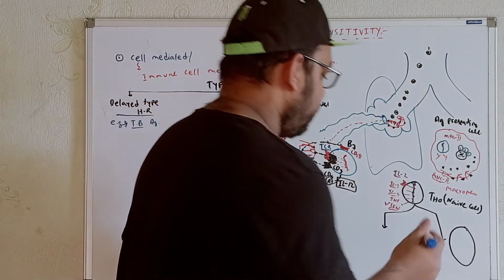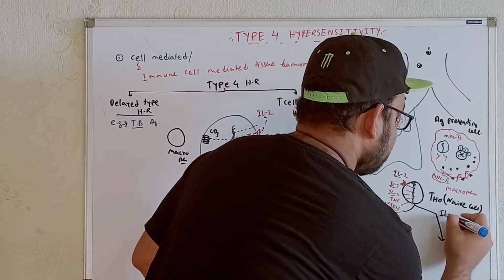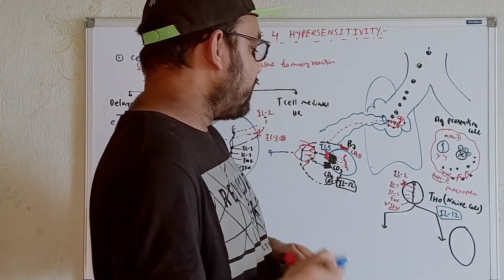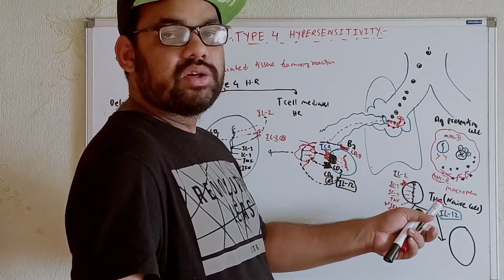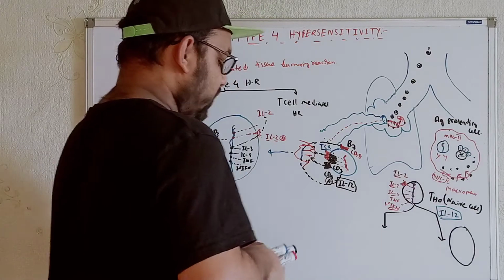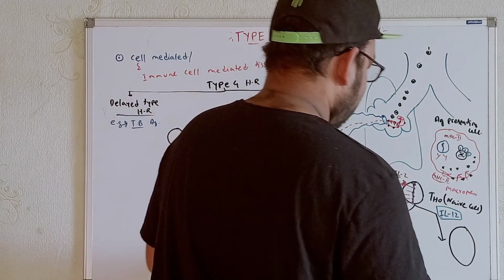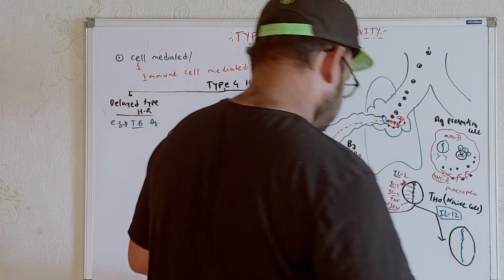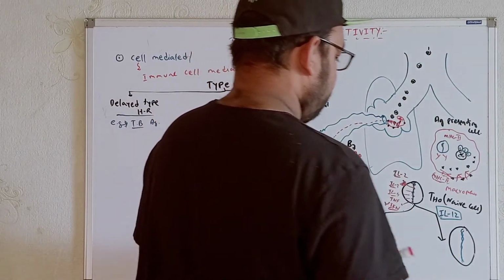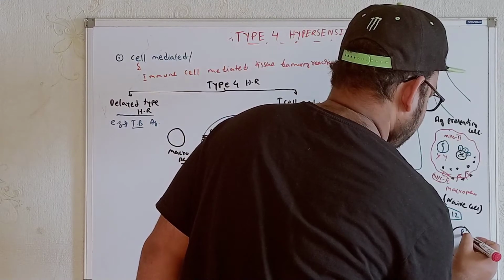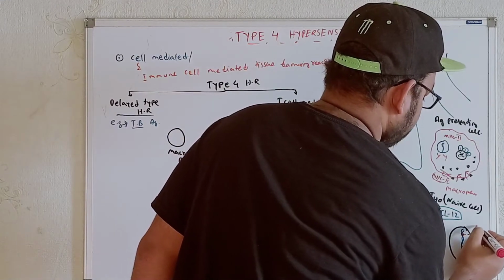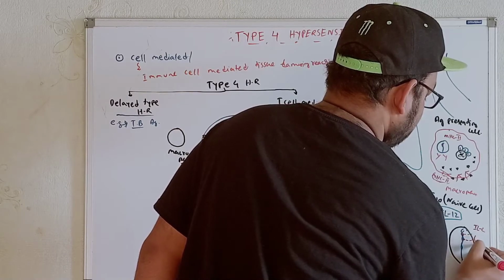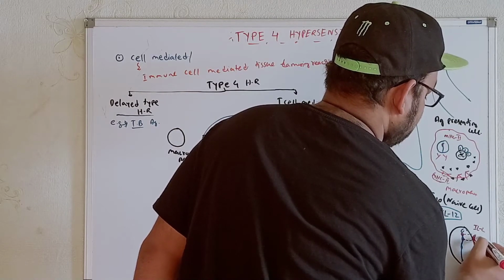Whenever we get the stimulation of the T naive cells by interleukin 12, let's talk about what we'll get over here first. In these cases, we'll get the genes. The first gene that will be activated will produce interleukin 2. Then the second gene that will be activated will produce the interleukin 2 receptor for the interleukin 2.